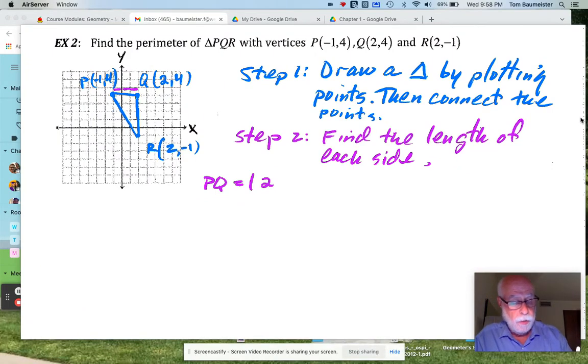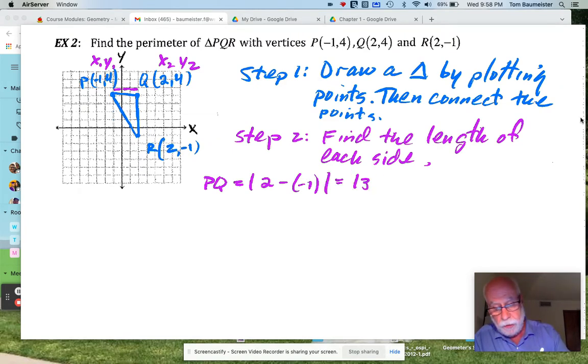So remember, that's going to be x1, y1. And then I can call this one here x2, y2. So then I would have x2 minus x1, or 2 minus a negative 1, which would give us the absolute value of 3, which is 3, which is just what we just said, right?